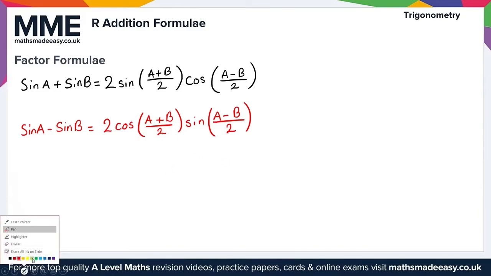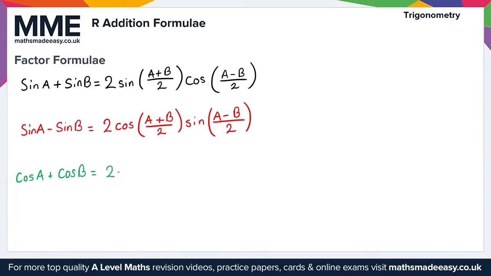The third one here, if we write this in green, this would be cos A plus cos B. So here we'd write this as 2 cos A plus B over 2 times by cos A minus B over 2.